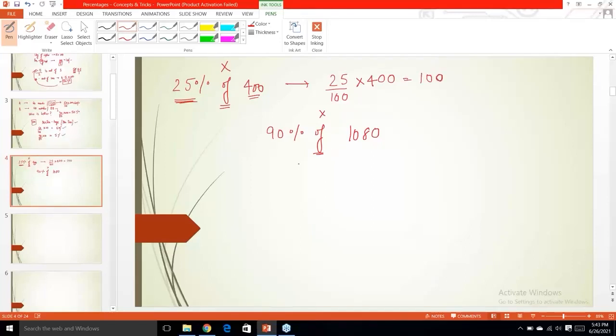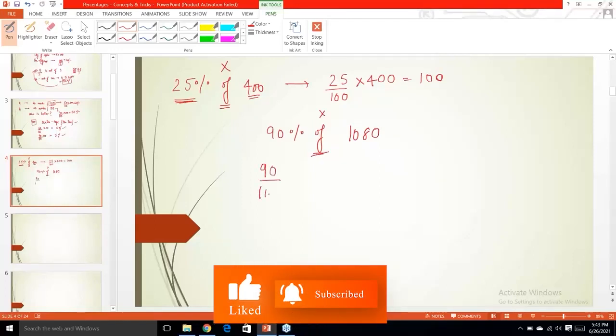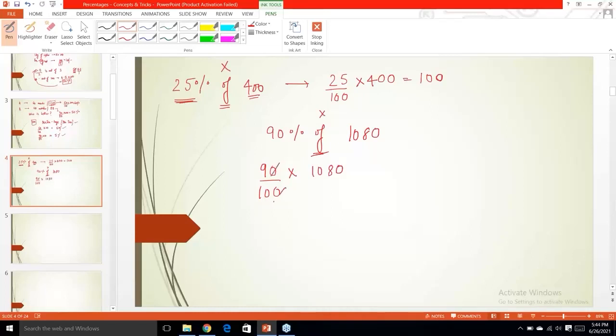Similarly, what you need to understand is just replace "of" with multiply. And 90% is nothing but 90 by 100. X percent is X by 100. So what is 90% of 1080? 90% of 1080 is this 108 into 9, which is 972.